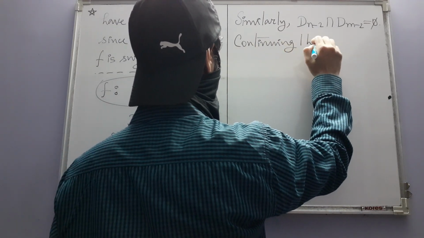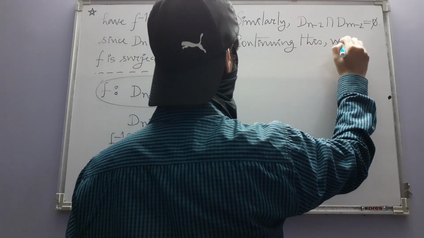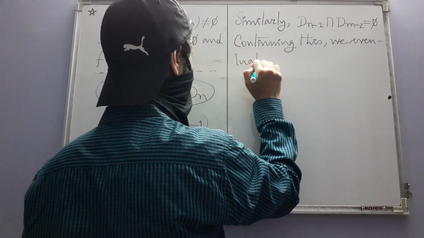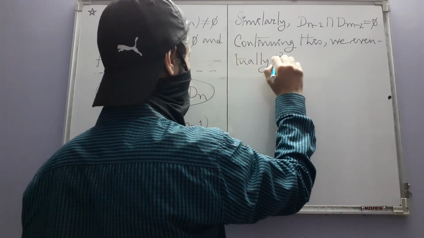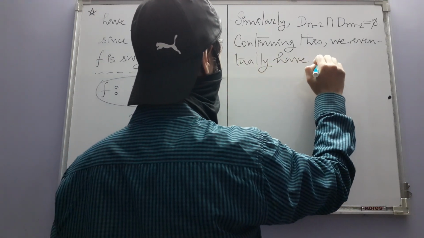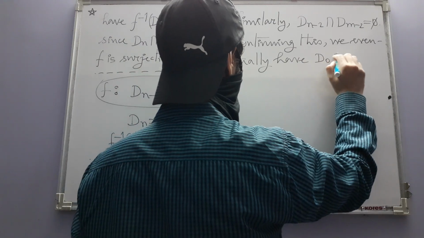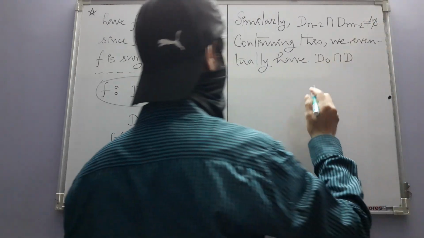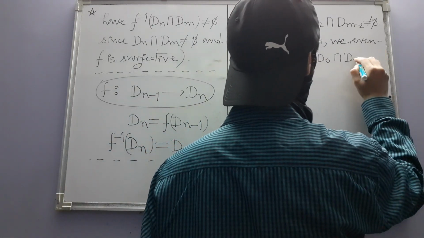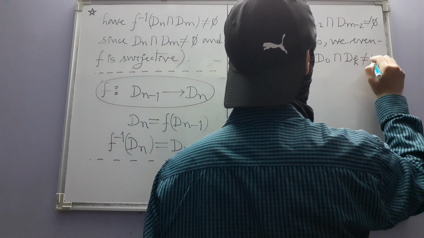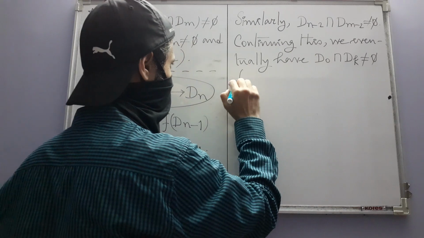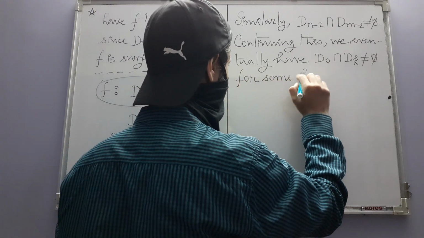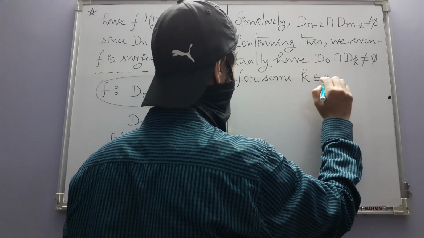Continuing this, we eventually have D0 intersection Dk non-empty, for some positive integer k.